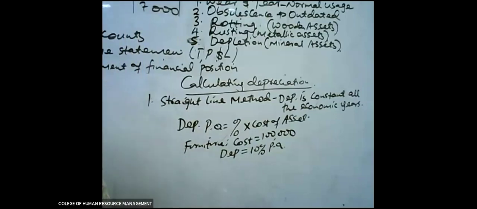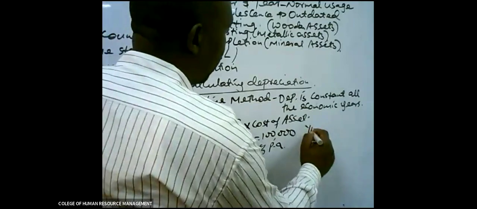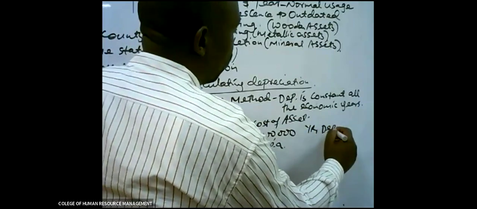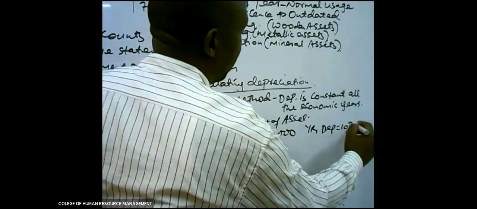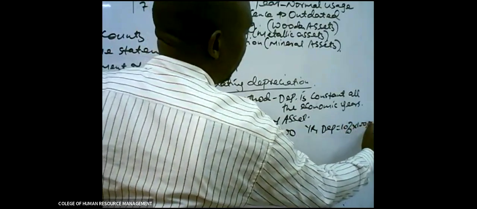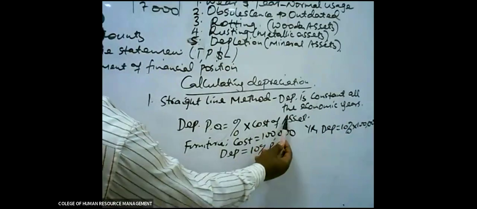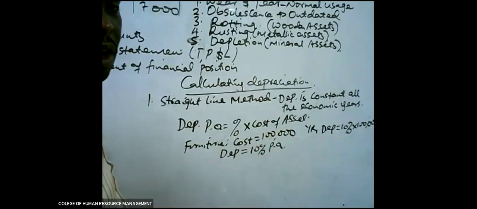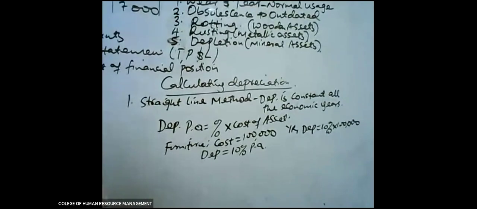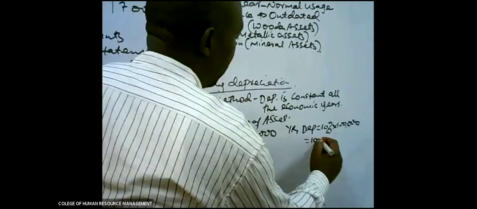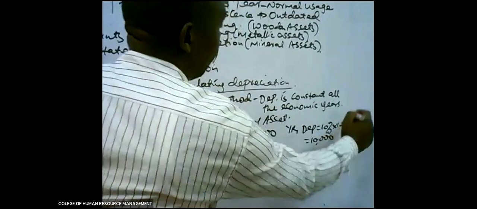What that simply means, if I'm using the straight line method, in year 1, depreciation will be 10% times the cost. The cost is 100,000, so I will get 10,000.